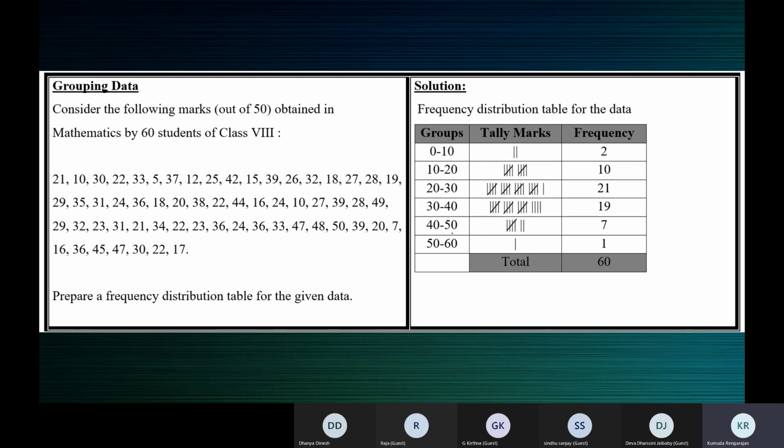There are 60 numbers. Which is the smallest value? Of the 60 numbers which you see in the question, which is the smallest number?